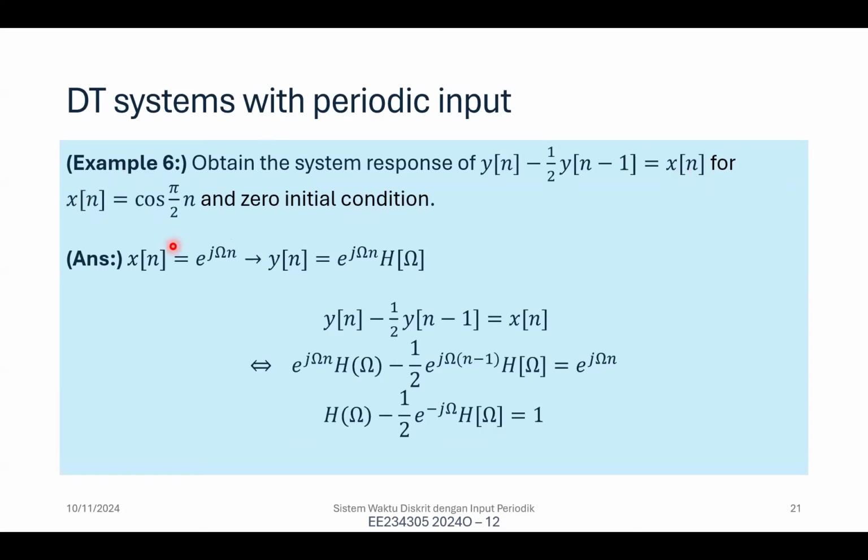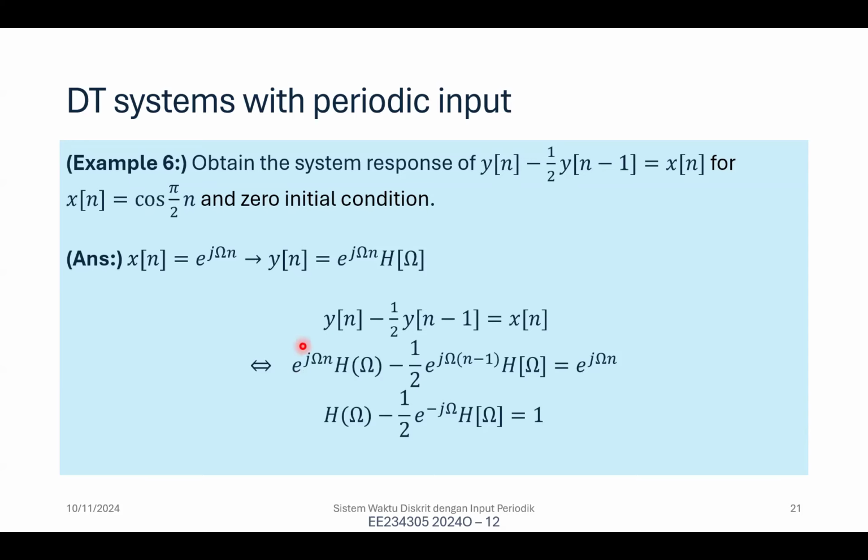Now we get cos(πn/2), and we can pull this e to the jωn H(ω) minus half e to the jω(n minus 1) H(ω), which is e to the jωn.